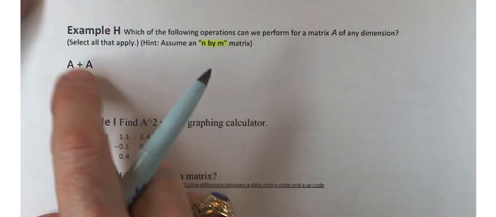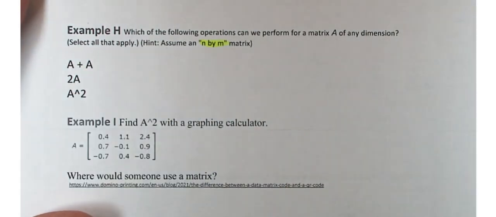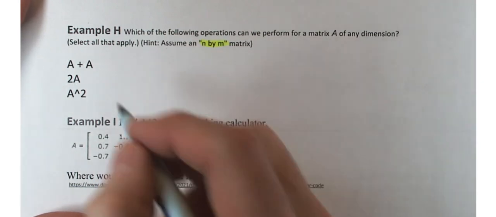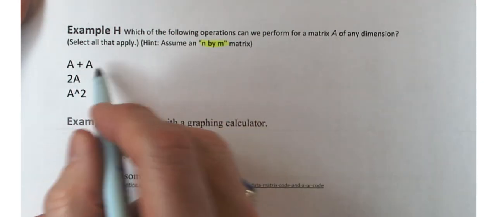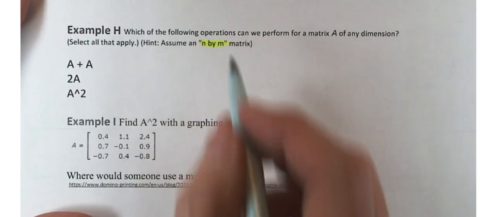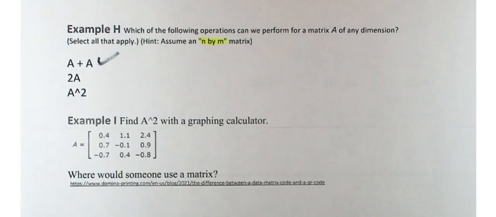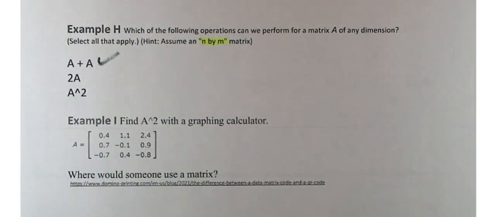Can I add two matrices together if they have the same dimension? Can I add A plus A if they're each n by m matrices? Yeah. We're okay with that one. How about multiply a matrix by a constant?